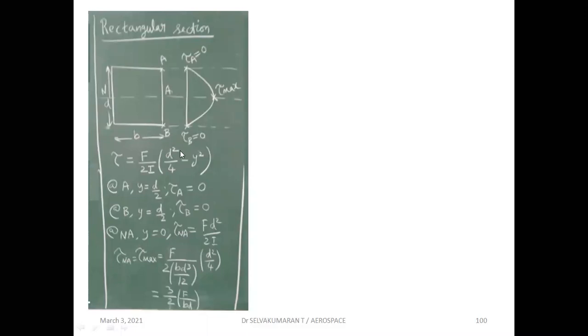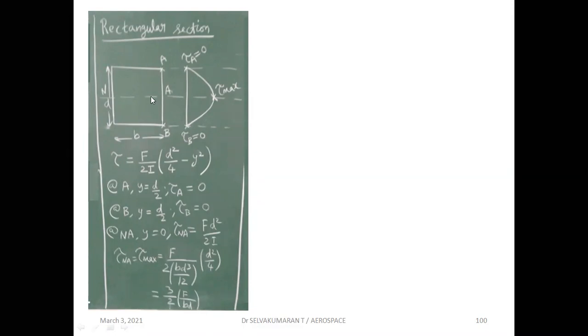You will get d square by 4 minus d square by 4, which is 0. So shear stress at A is 0. Then at B, y is again d by 2. Even if you take minus d by 2, nothing is wrong, because we are going to square it. So again d square by 4 minus d square by 4, and shear stress at B is 0. We have marked a point here.